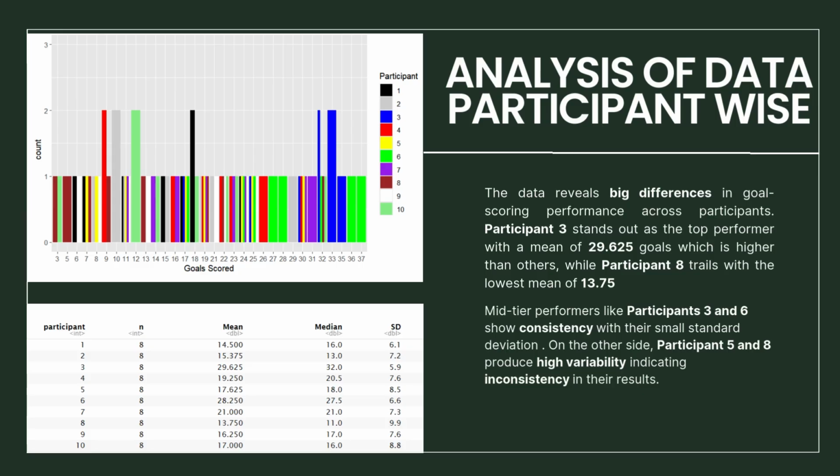The differences in the standard deviation of each participant being so different from each other suggests that the participants have an effect on the mean amount of goals scored. This could be due to technical capabilities in regards to shooting.